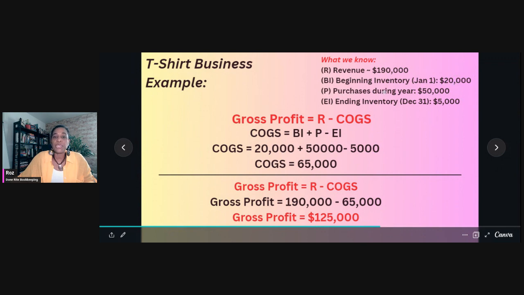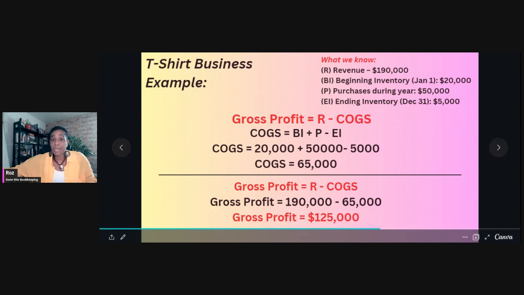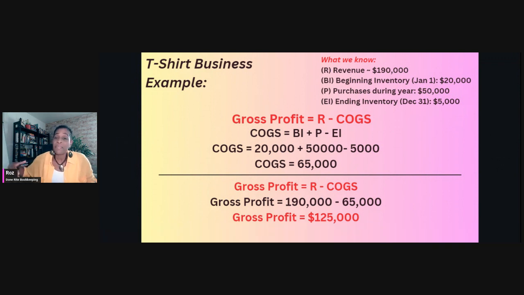P is purchases during the year. So you made some additional purchases of $50,000 worth of t-shirt goods. EI is ending inventory as of December 31st. That inventory, now you've sold so much because you got your revenue, right? Now, at the end of the year, as of December 31st, the value of your inventory is $5,000.